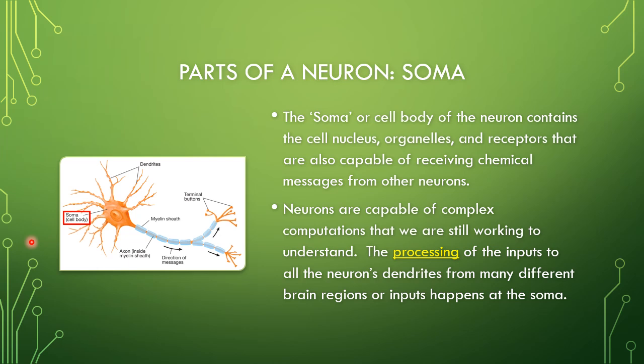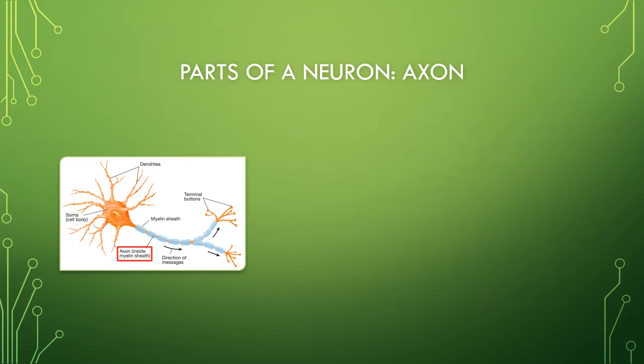And because the soma has many, many roles that we won't even be able to touch on in this course, things like epigenetic changes, where the nucleus is causing receptors to become upregulated or downregulated so that you have more or less of them, and changing the entire function of a neuron, I think the most important message to walk away with is that the soma is really where all of the different processing, or changes in processing, happen within a neuron.